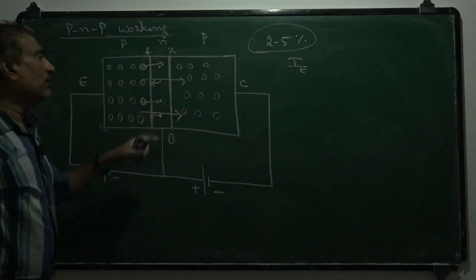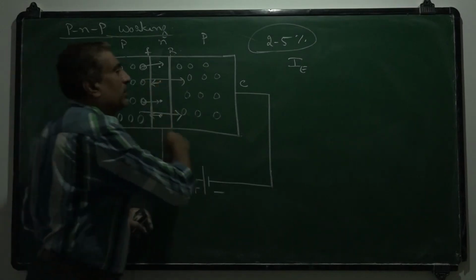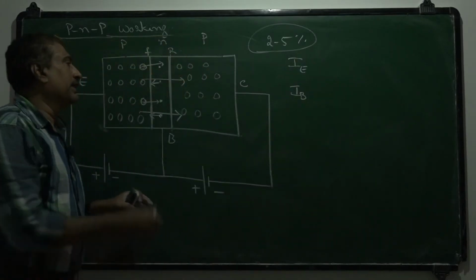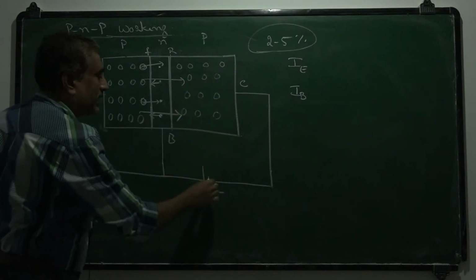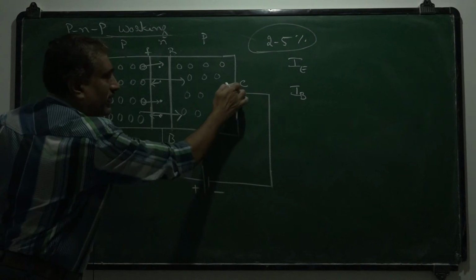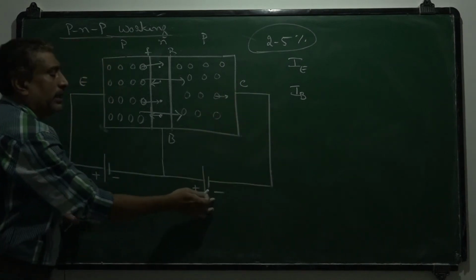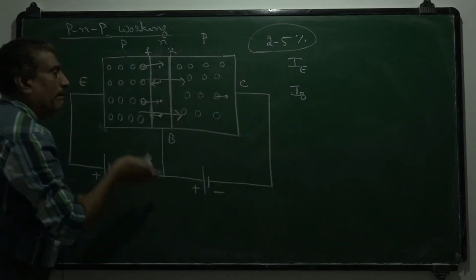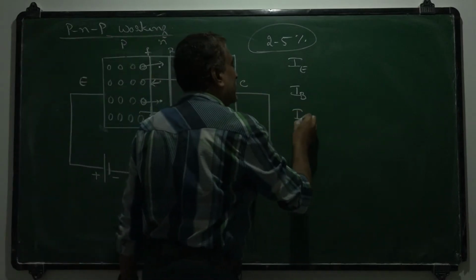Some of these recombining electrons constitute the base current IB, and the remaining holes drift towards the collector region, where they are swept out by the negative terminal of the battery connected to the collector. In this way, current flows, constituting the collector current IC.